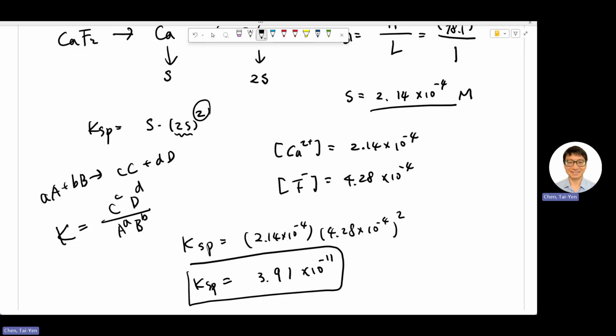So in your insoluble salt, your reactant is actually solid. Therefore, you don't write any of your reactant into your equilibrium expression. You just write the products to their coefficients. For your CaF2, once it dissociates, it becomes Ca2+ plus 2F−, right? That 2 is actually the exponent.